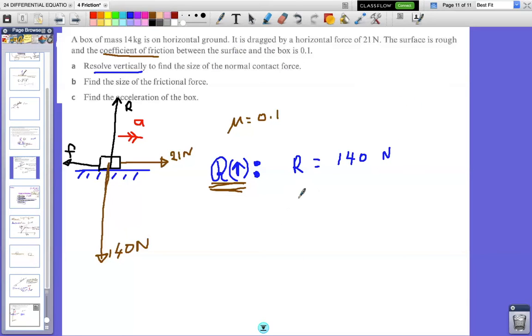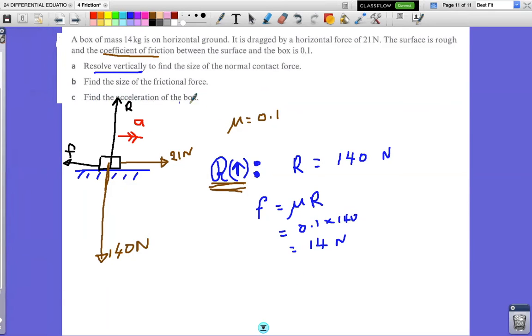For this, you have to state that friction is equal to mu R. Mu is 0.1, so it's 0.1 times 140. So friction is 14 newtons. Finally, find the acceleration of the box.